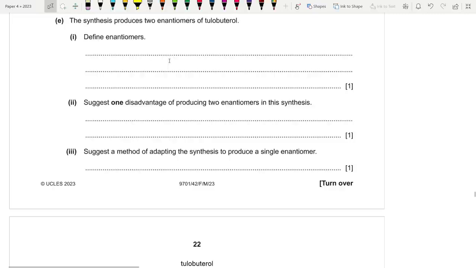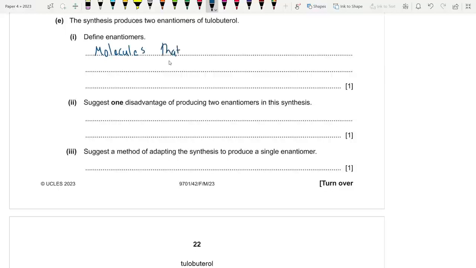So what are enantiomers? Enantiomers are basically a pair of optical isomers which have the same physical and chemical properties, but they might have different biological activity and rotate the plane of polarized light in opposite directions. Okay, so this is how you define it.